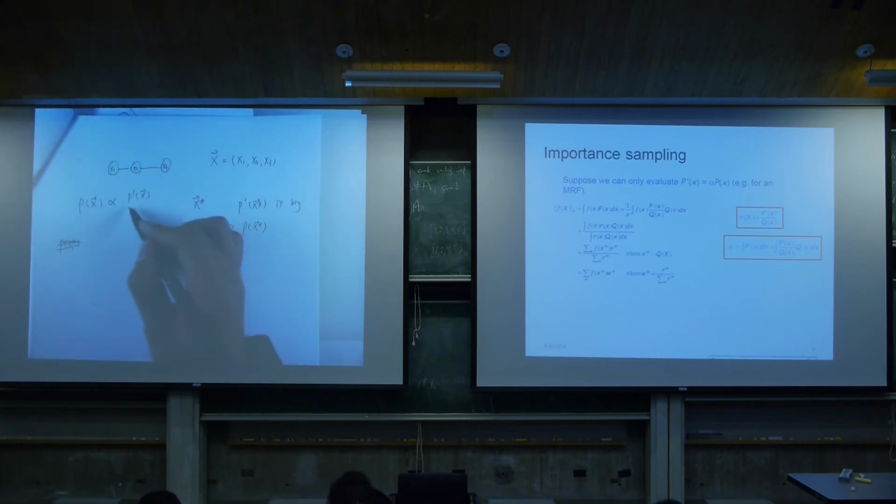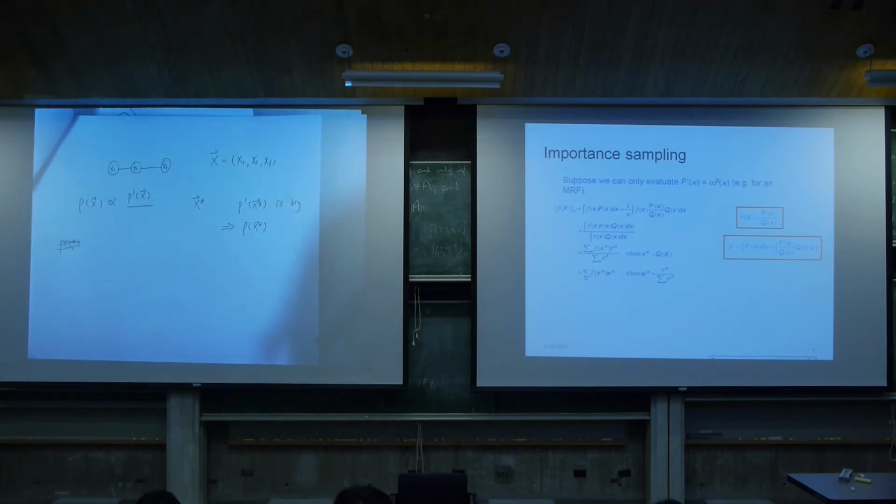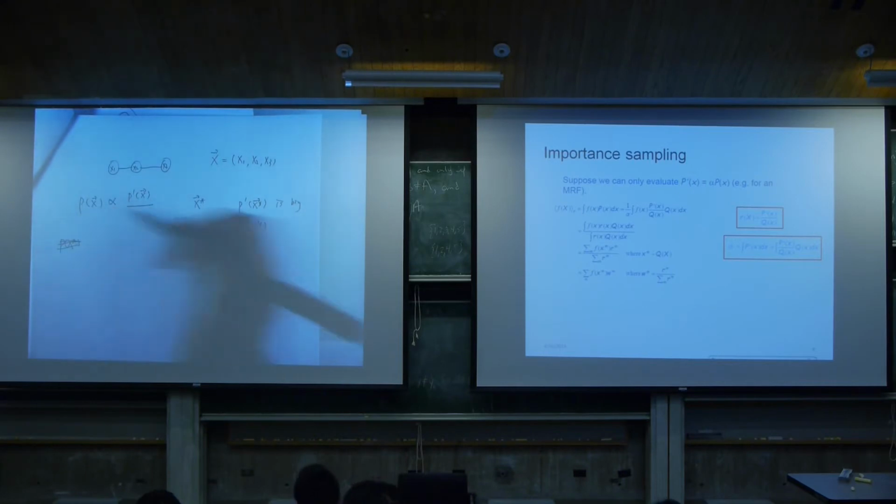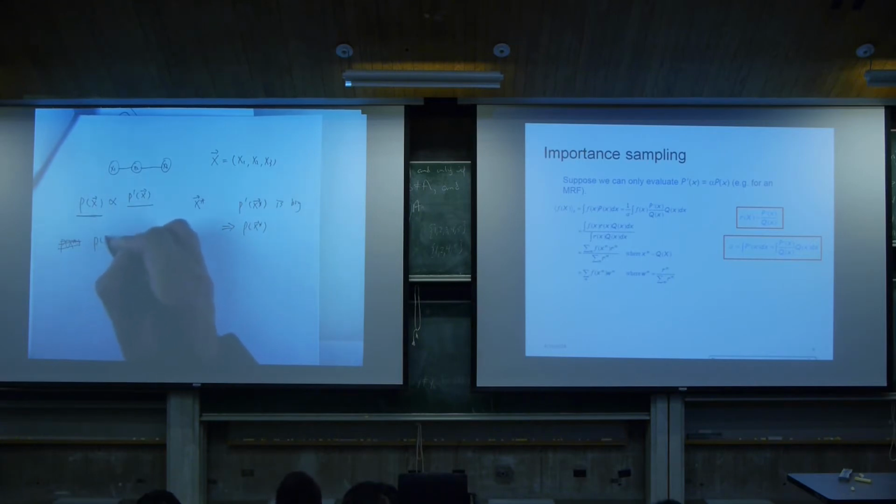And this function is defined based on the knowledge you have over this problem. And this function is kind of proportional to the density of the true distribution. And to make this into a probability, we have to normalize it to ensure the integration of it is 1.